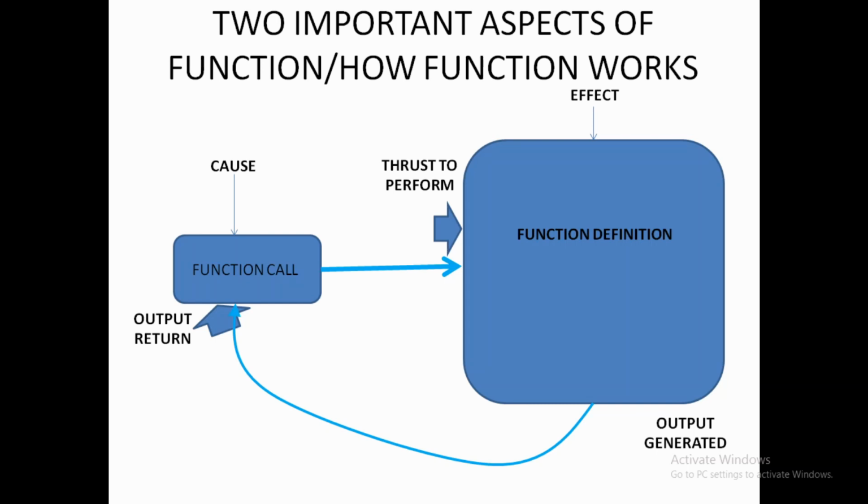Now, in the next slides, we will take one at a time these two aspects, that is function call and function definition. First, we will look in detail about the function definition.